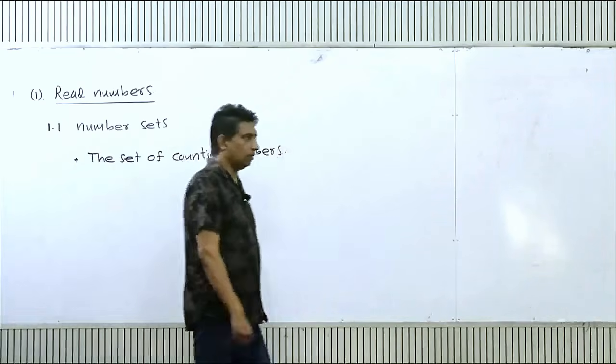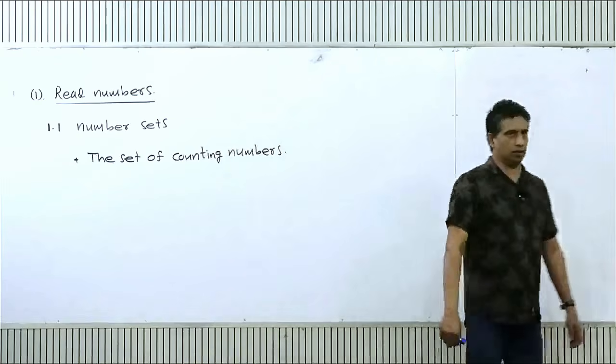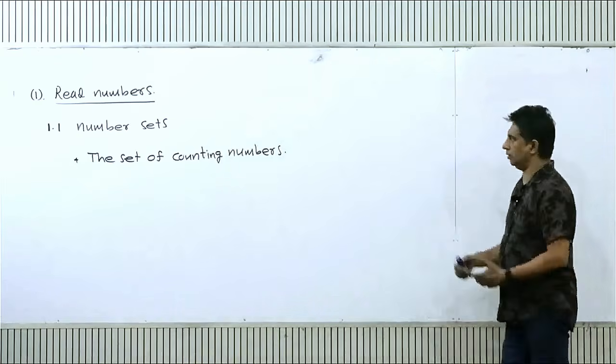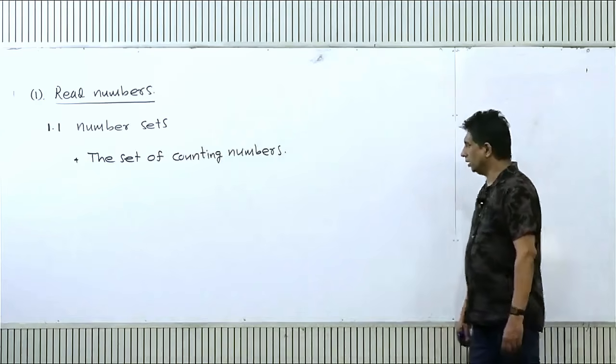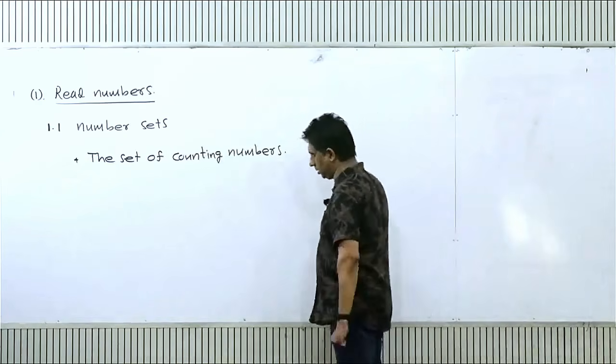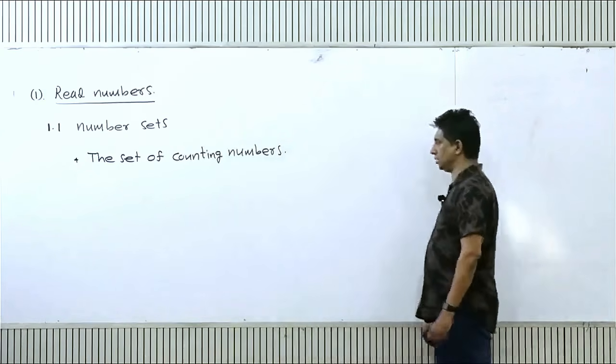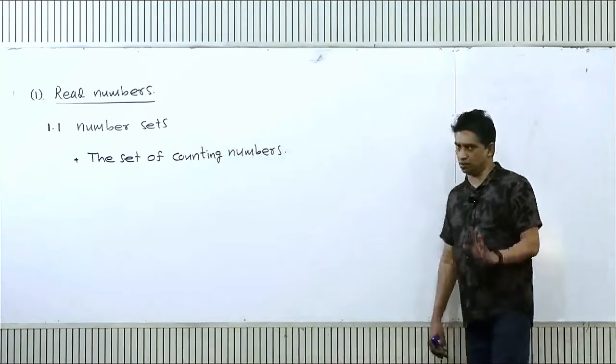Right. Now we have to study what is this set, what is this number set, and how we write it. That is what we have to study here. Right, that is very easy.